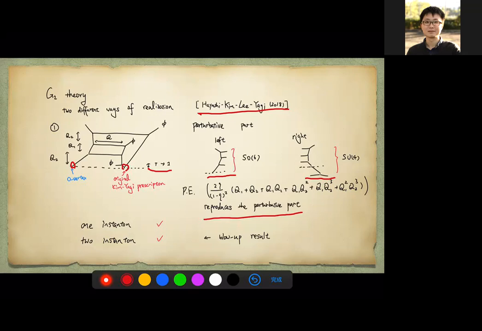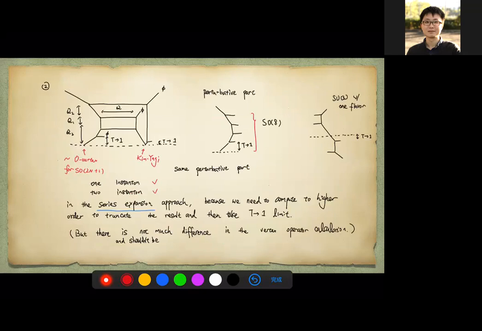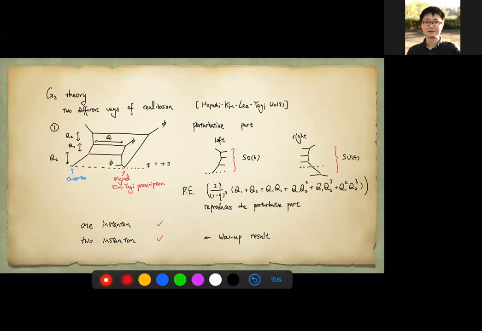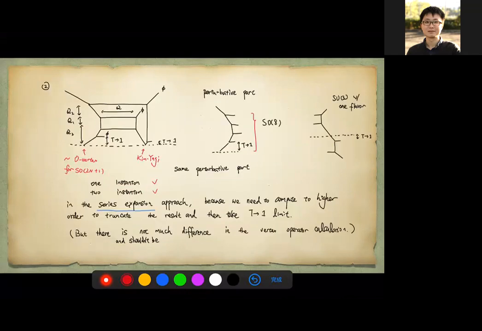We also checked the 1 and 2 instanton calculations, where the 2 instanton calculation was tested by matching with the blow-up results. I didn't mention that there are 2 different ways of the brane realization of the G2 series, and the other one looks slightly different like this.